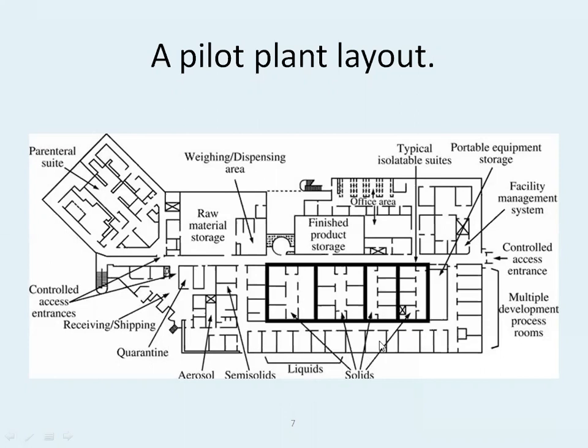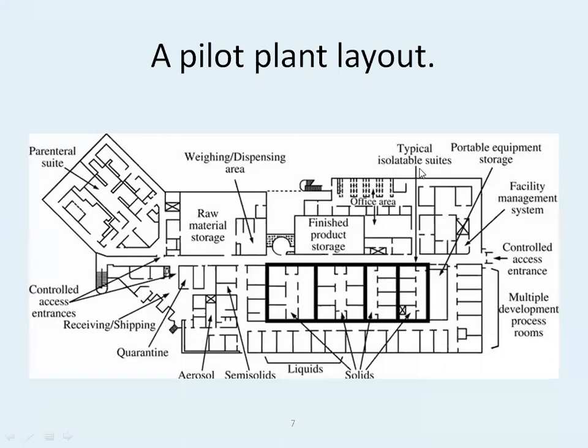So these changes are important for us. Multiple process rooms are there. Then there is the control access or the entrance. Then facility management system, where we make some managerial decisions. Then portable equipment storage, where we keep equipment which we can move.